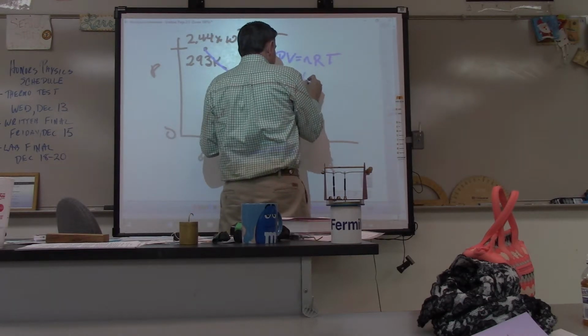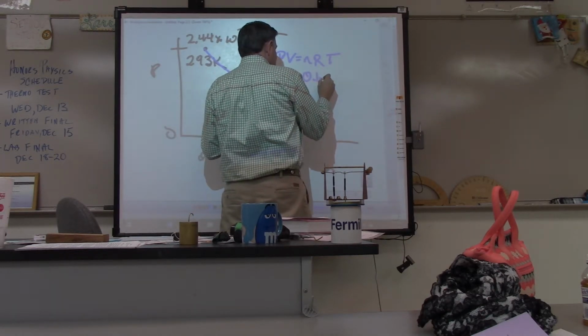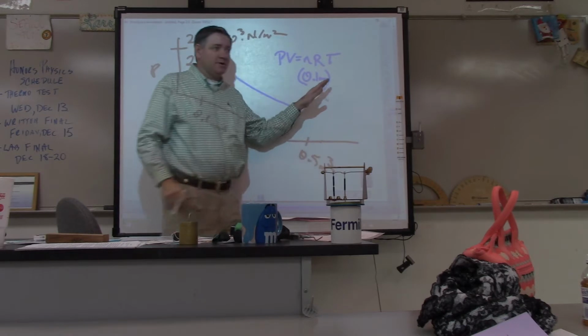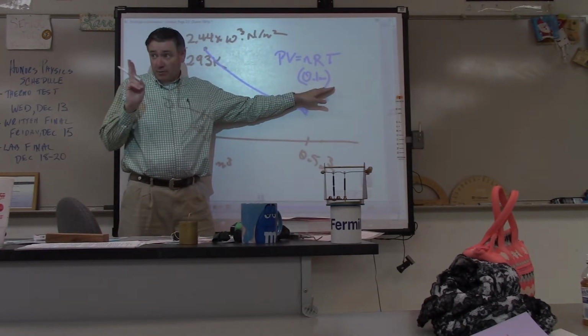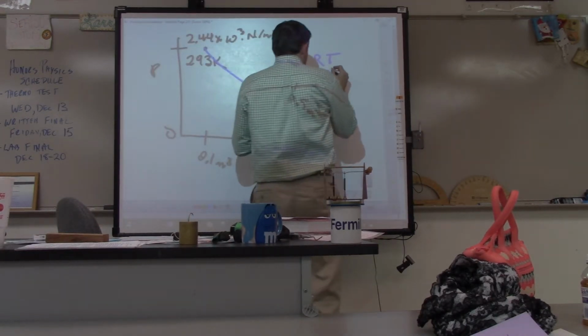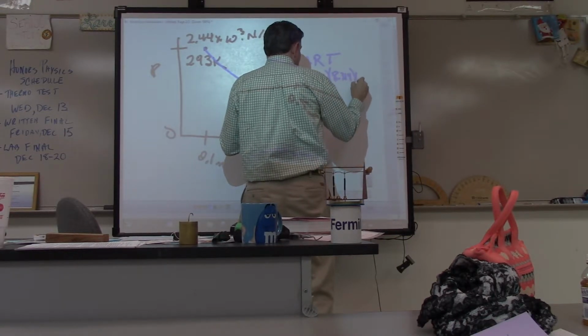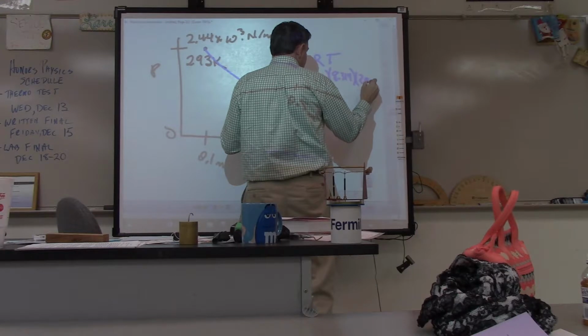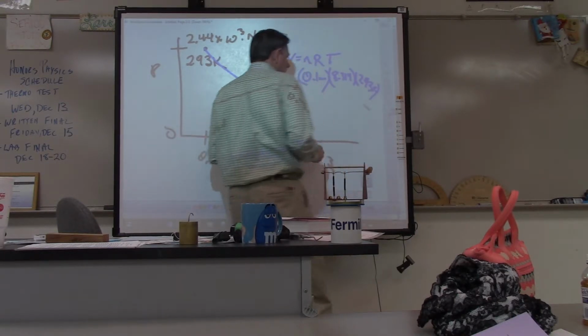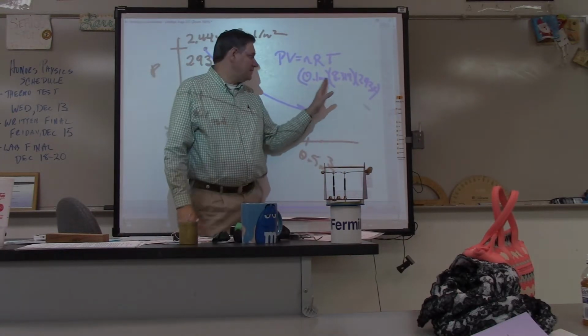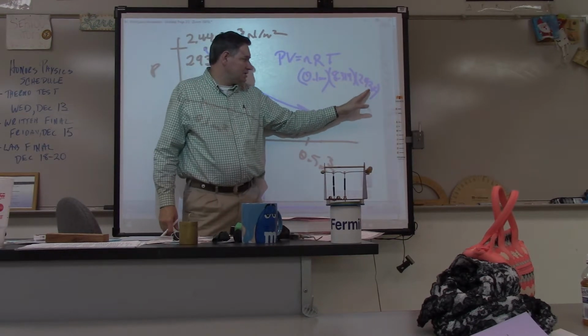So here's the most important part of this. This is 0.1 moles. That's how many moles I have in the system. Okay? 0.1 moles. I have an R, which is 8.314. And then I've got a temperature, which is, we said, 293 Kelvin. So somebody take 0.1 times 8.314 times 293.